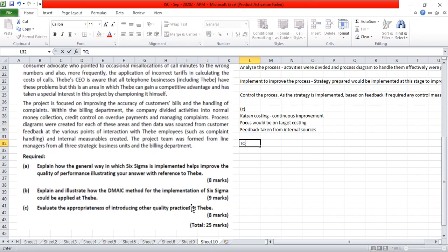Another thing is TQM. TQM can be implemented. This also talks about continuous improvement, elimination of defects, or defect free. Target costing.